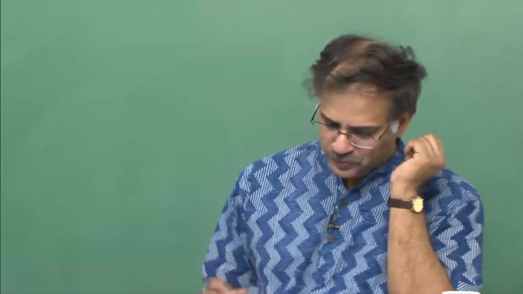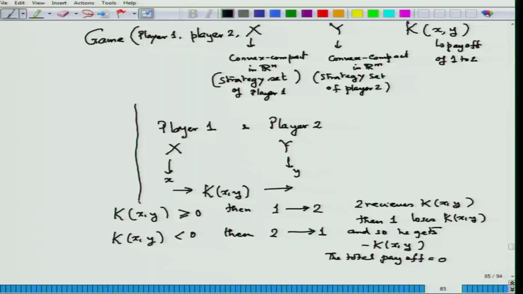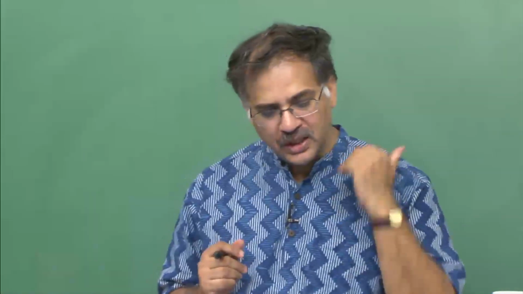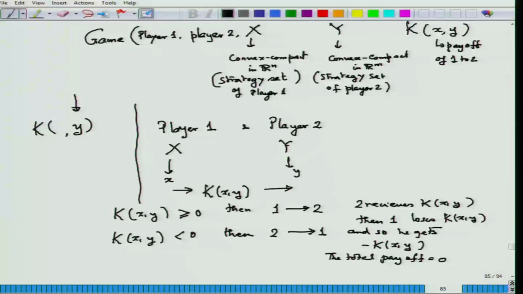What does player 1 do? Let us look at an argument player 1 will take. He has to pay money. Suppose player 2 has given input y. Now, he knows that given this y, I have all elements x in capital X at my disposal, so I can plug in any x I want. Corresponding to every x, he has to pay kxy.